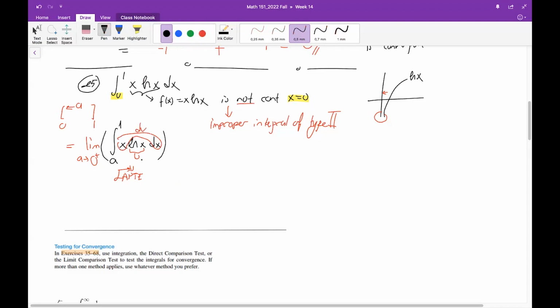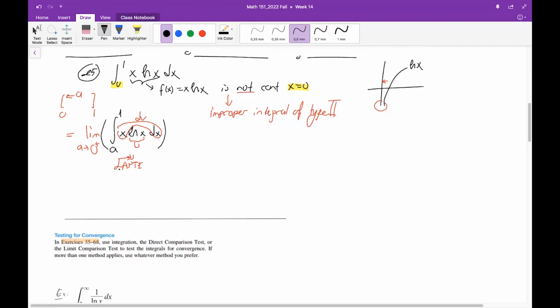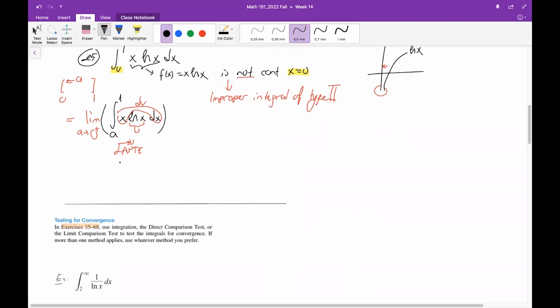Okay, let's construct the diagram that will give us the integration by parts. So we choose u and we choose dv. u is ln x, dv is x dx. Then what is du? The derivative of ln x is 1 over x dx. And from dv to v, you can pass by taking the integral, of course.